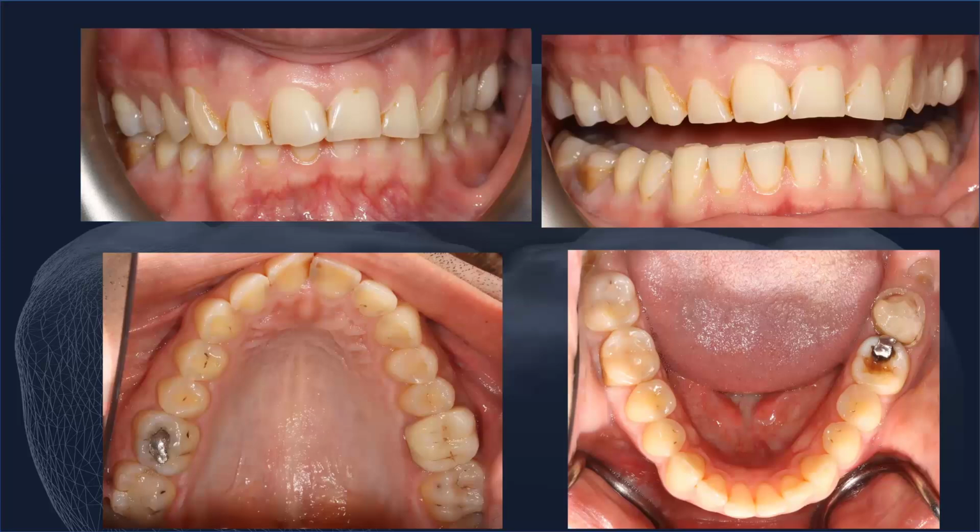When you look at exposed dentine, how much dentine is exposed? Now, the option is you could leave this as it is. The problem is the dentine will deteriorate over time faster than enamel. And he's 28, and if you leave everything as it is, maybe when he's 40, he will need some reconstruction. The problem at that point is that his bite would have collapsed because the teeth will not be in contact.